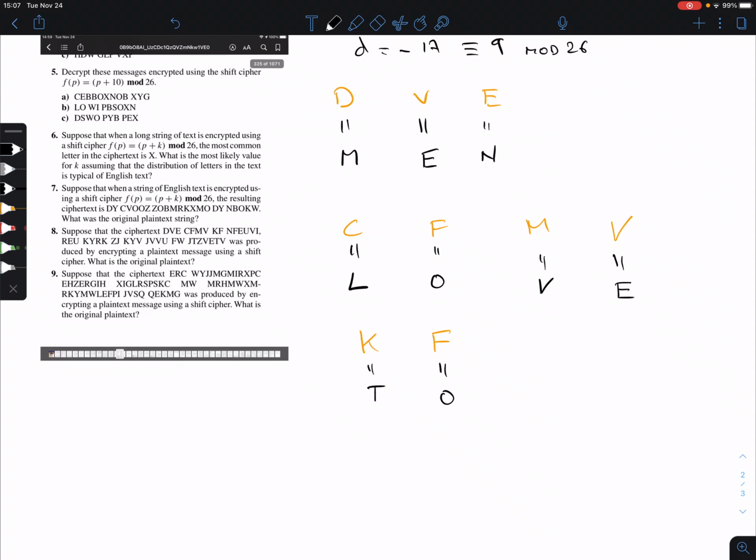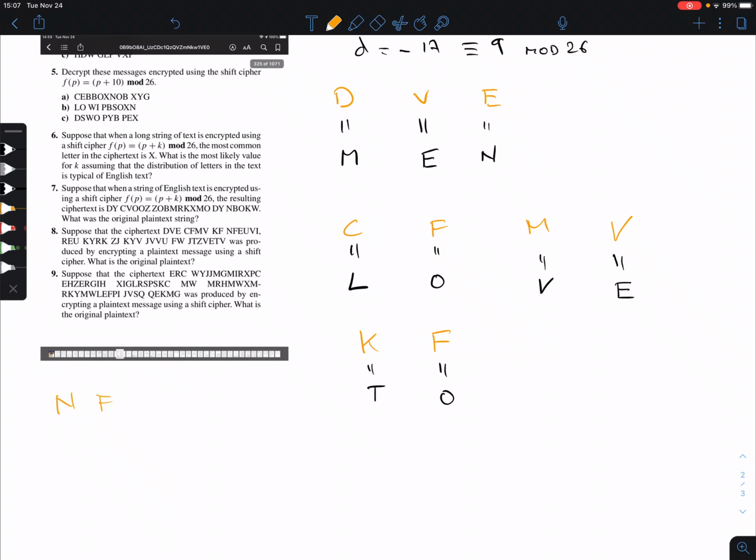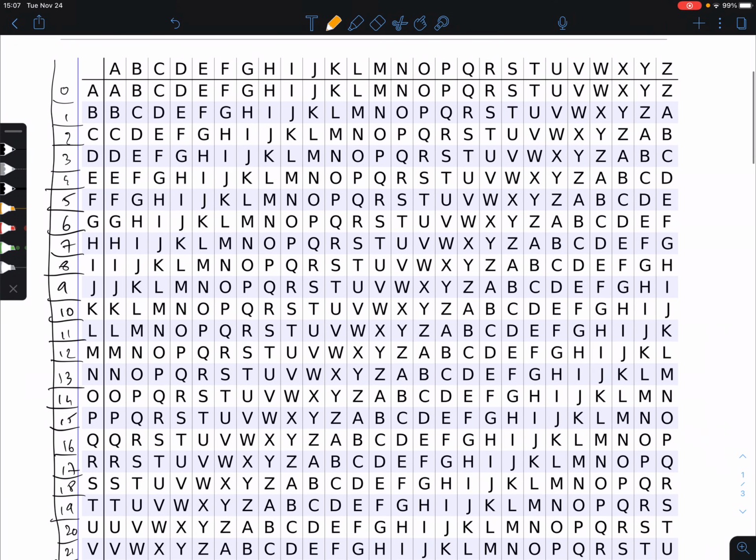Okay. Then the next word is NFEUVI. Okay, I'll copy it one more time. But I want to show you this thing here. We're going to use it also to decipher the next problem.